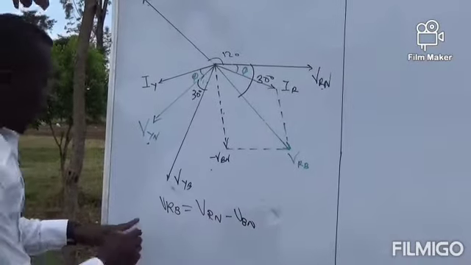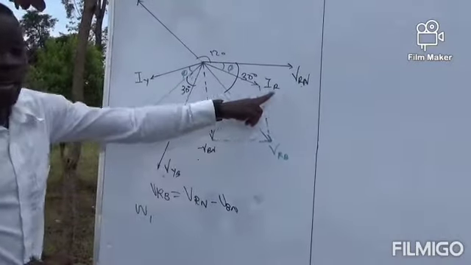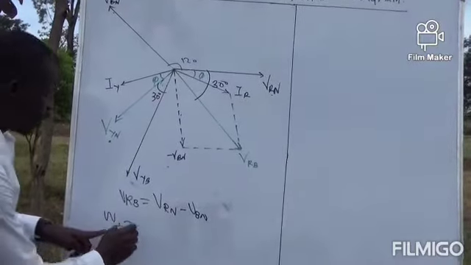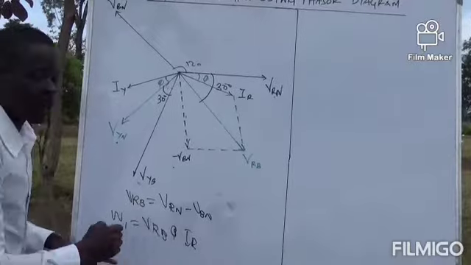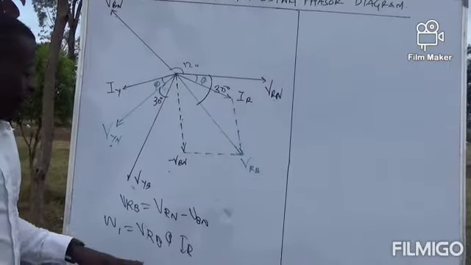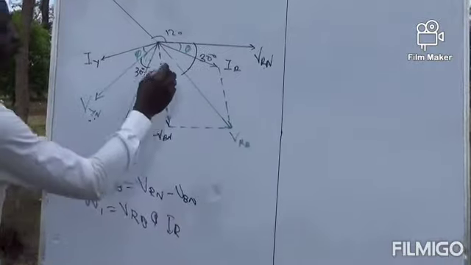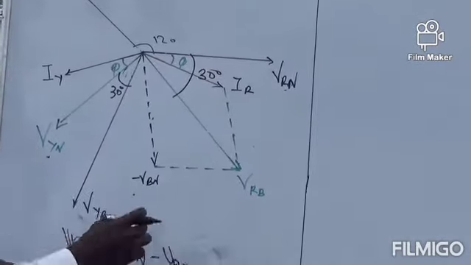In the same way, wattmeter 1 was involving both VRB and IR. So we are interested in the angle that VRB and IR make with each other, which is this angle between VRB and IR.